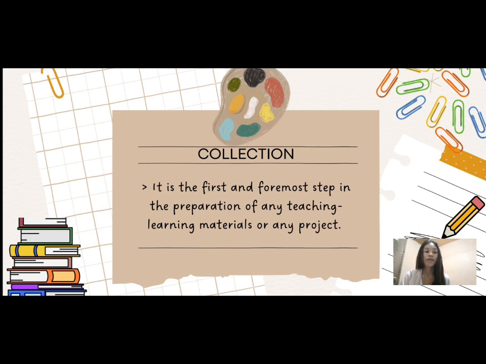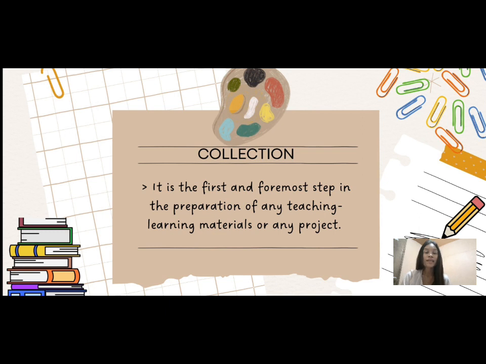So for example, let's compare this to making a research, because of course the first step in making a research is to create a title. The next step is, of course, to gather or collect data.